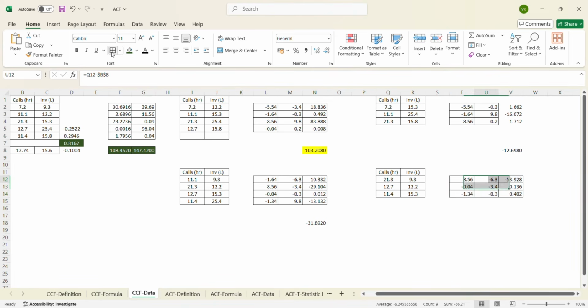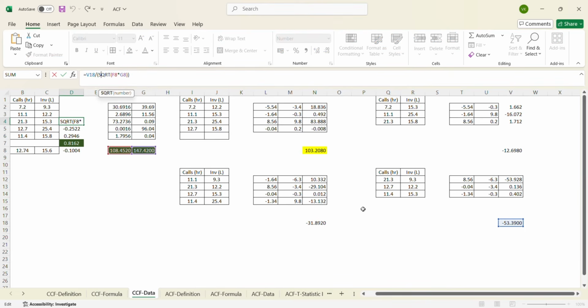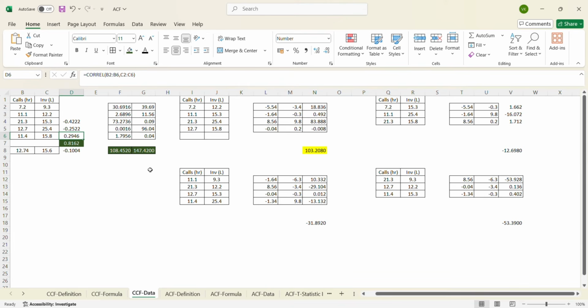Once we have the product of both x and y, we create a summation value, and finally we come back and create the cross correlation function formula, where the numerator will be the summation value and the denominator will be the square root of the product of the individual differences that we have squared already. So this is how we calculate the cross correlation function with a lag, which can be a positive value or a negative value.